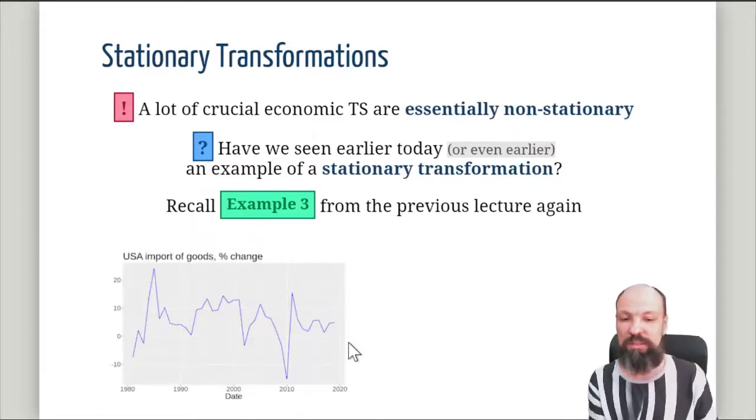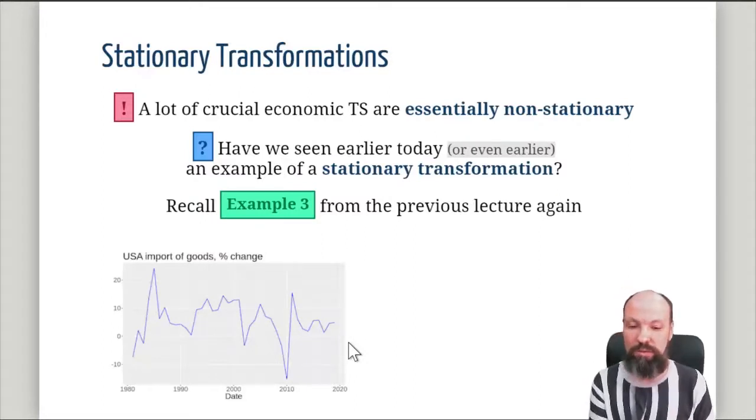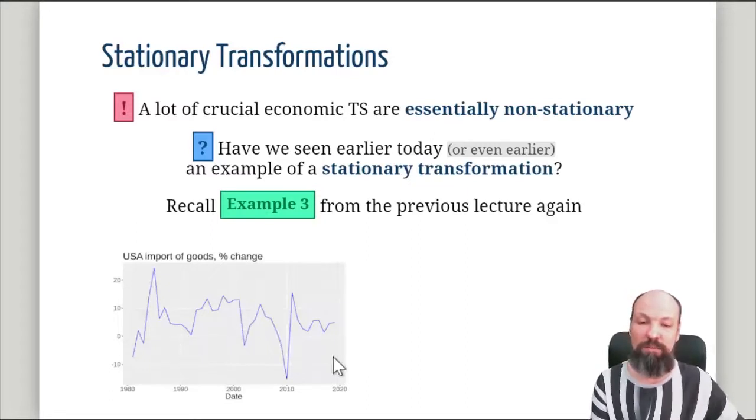This is what the percentage change means. There could also be percentage growth, then it would be plus 100%, but essentially it's the same. Whenever this thing is negative, we understand that the import was lower than in the previous year. Whenever it's positive, we understand that this year the import of goods is higher than last year, and so on.